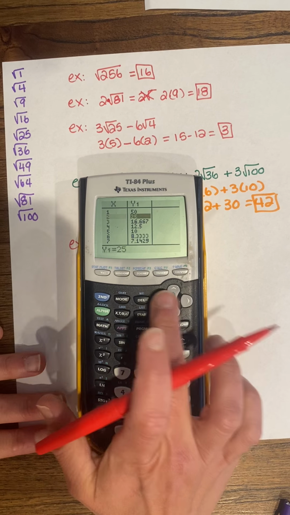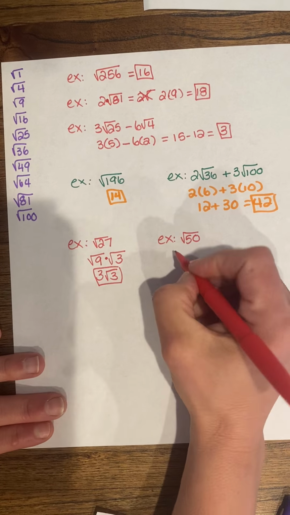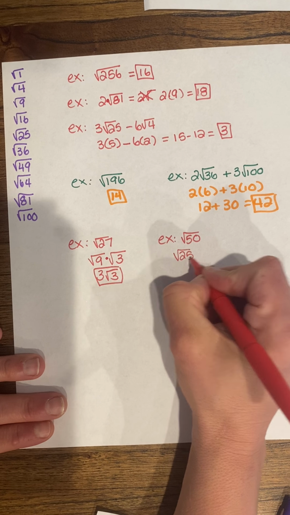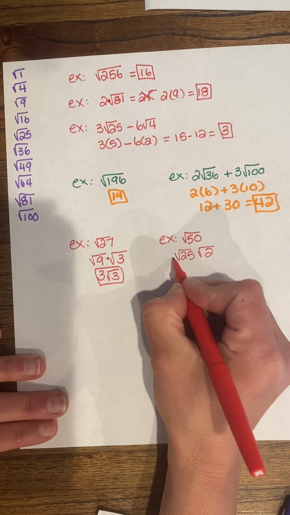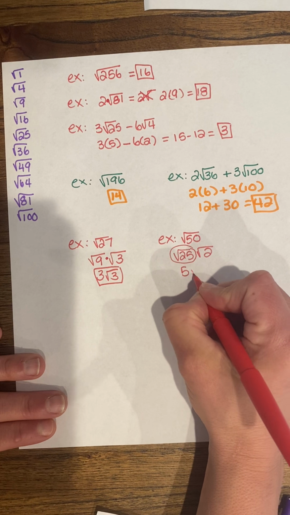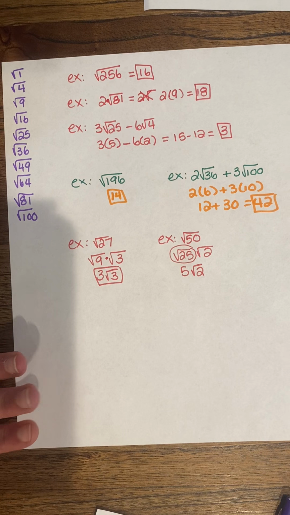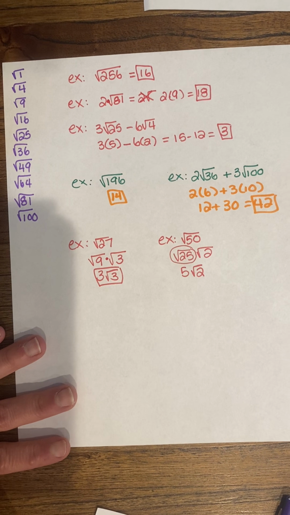So this is the pair of numbers I'm using. I'm going to use the 25, which is on the list, and what's next to that was 2, because 25 times 2 is 50. I can rewrite this as 5 times rad 2. Again, if you were checking decimals, they would all work out.